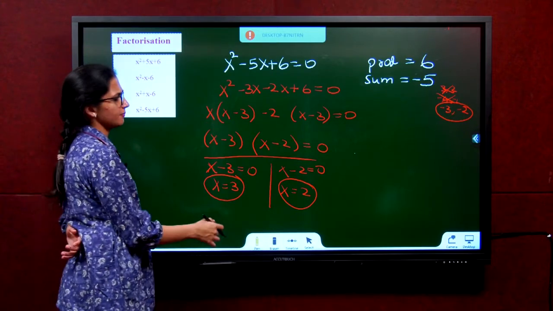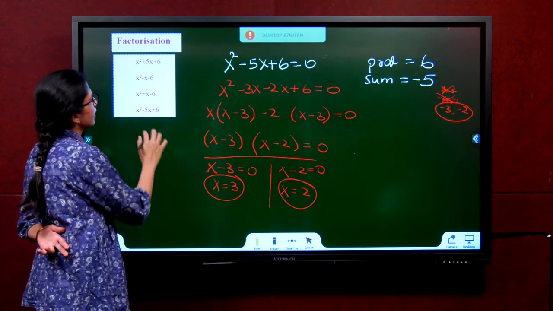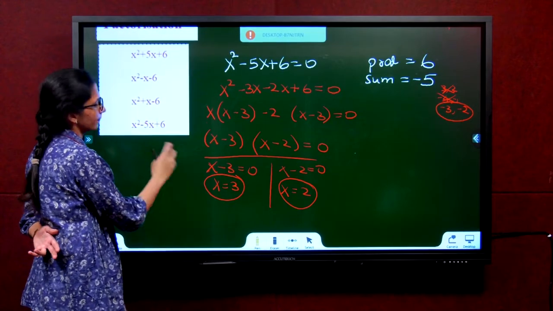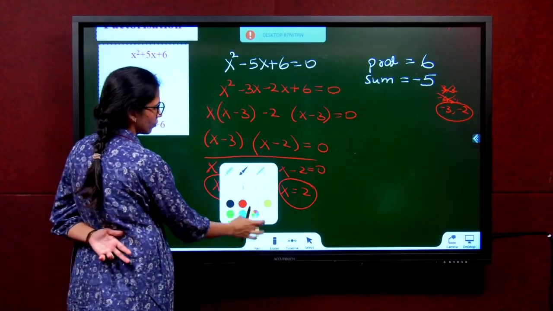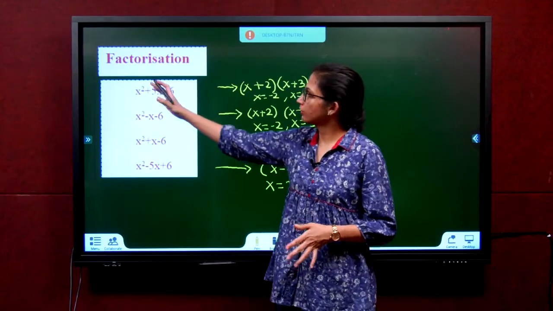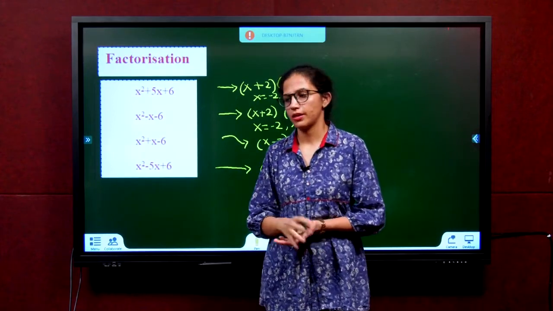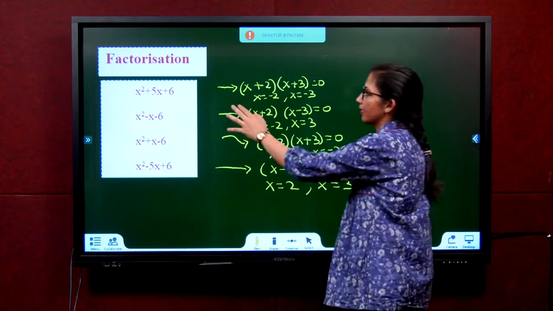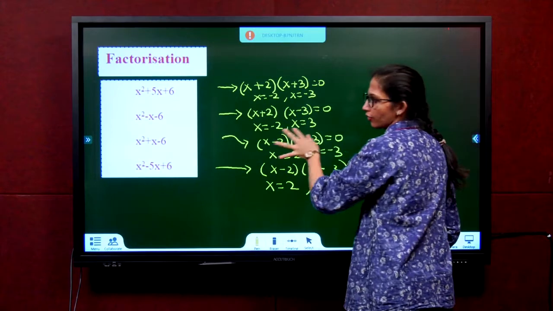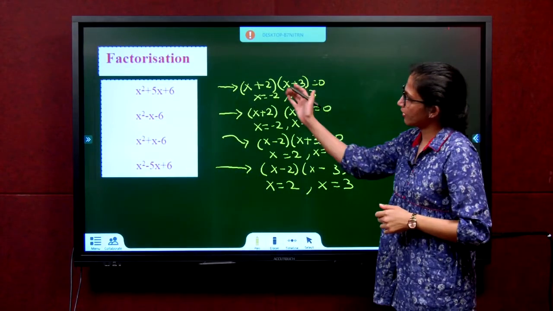What did we understand by this? What did we learn by this? You need to understand that in these equations we got different roots just with their signs. Please look carefully. We took these 4 equations, we factorized them, we found the roots.